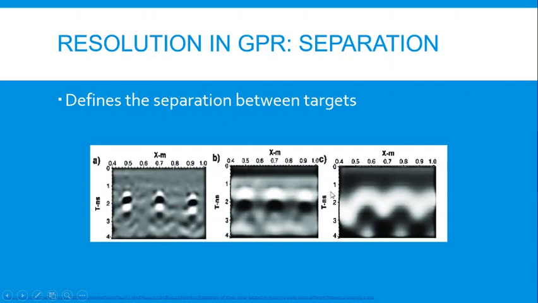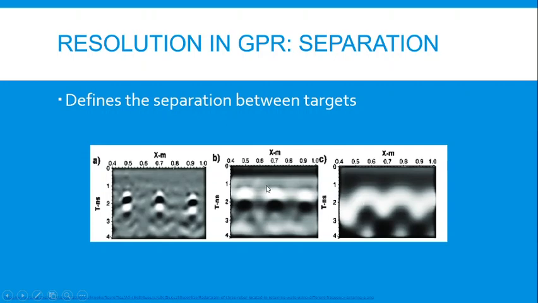So here you can see the time axis, or it can be converted into the depth section as we use the proper velocity of the electromagnetic wave in the material of investigation. On the x-axis, the dimension of the survey line is shown. It is from 0.4 to 1, in meters, and this is in nanoseconds.